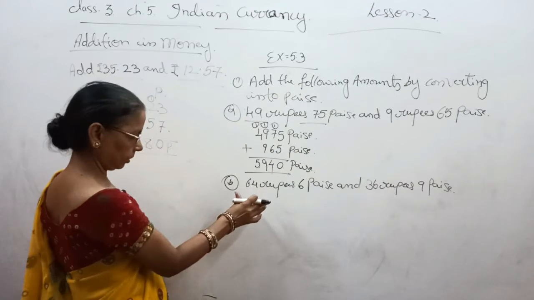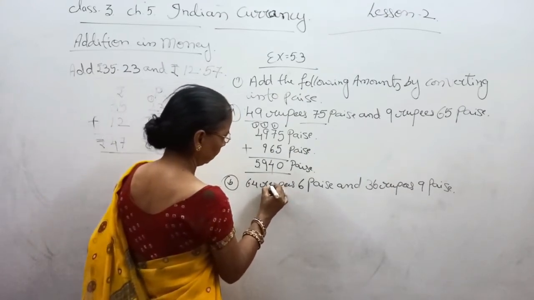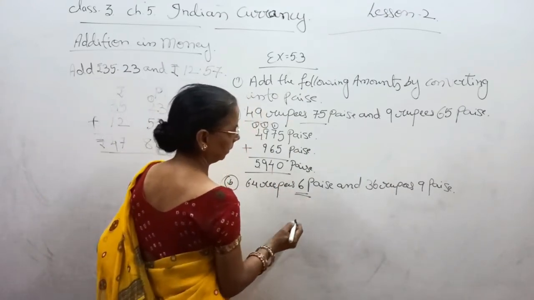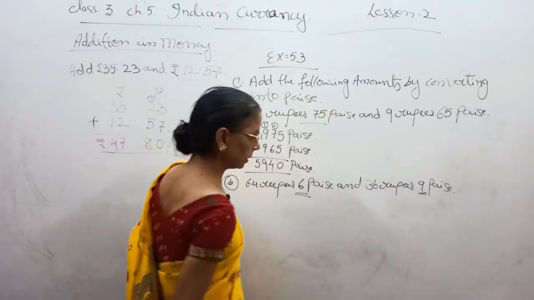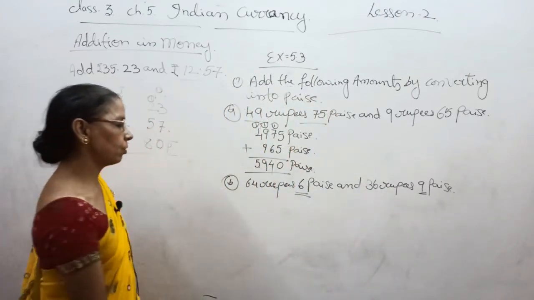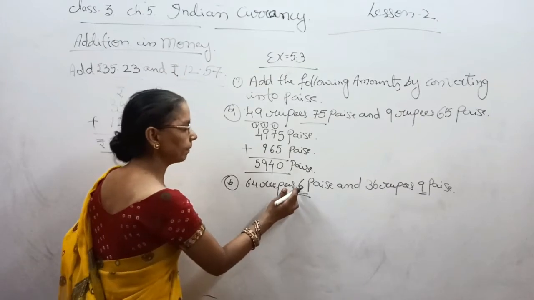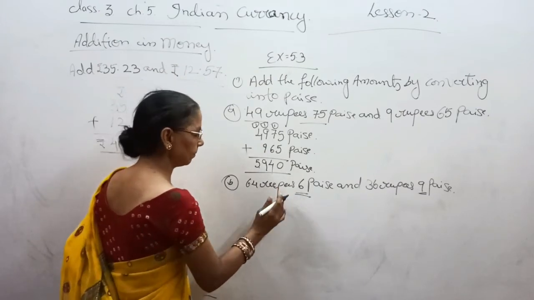As we know, paise are in single digit here. So we have to make them double digit.